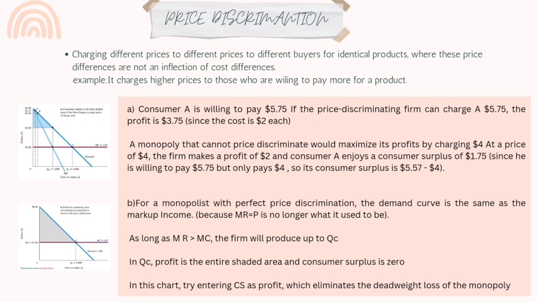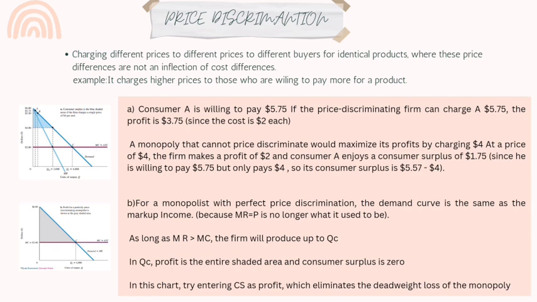A monopoly that cannot price discriminate would maximize its profit by charging $4. The firm makes a profit of $2 and consumer A enjoys a consumer surplus of $1.75, since he is willing to pay $5.75 but only pays $4.